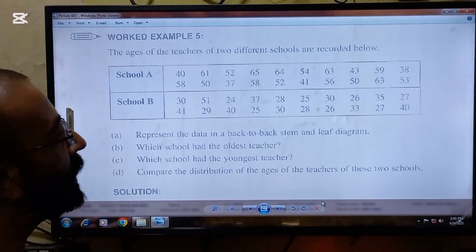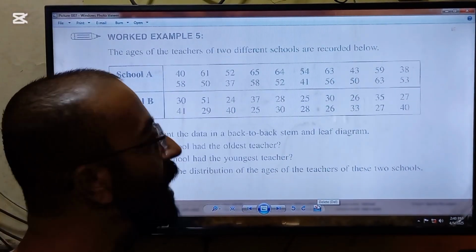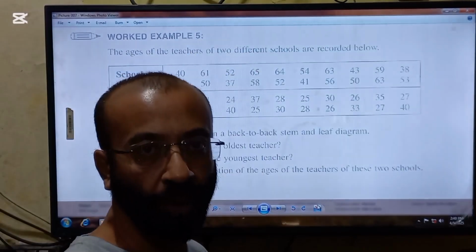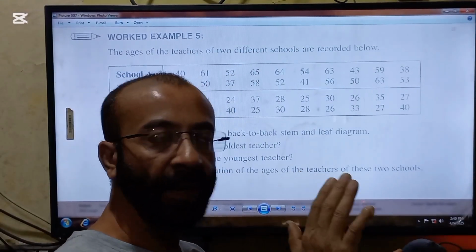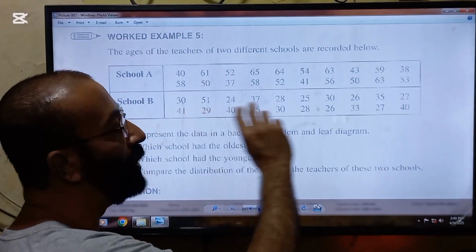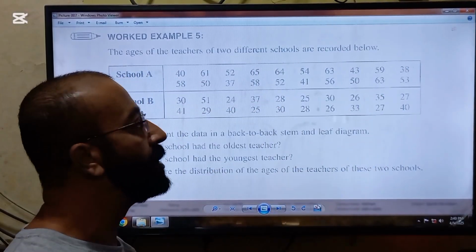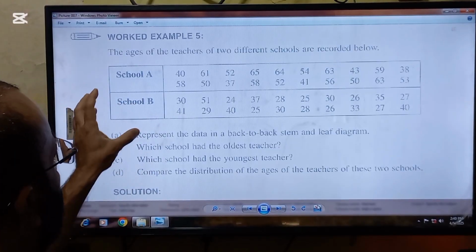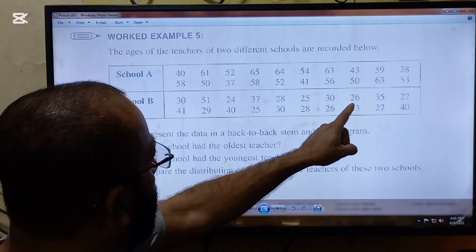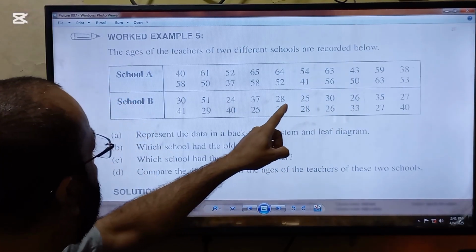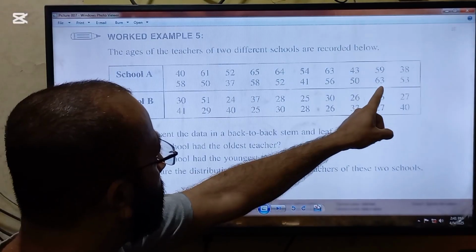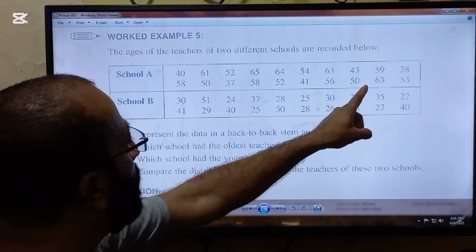So we will note the maximum and the minimum values in the whole data because the stem will be common, and on one side one related data will be there and on the other side of the stem will be the second data. The minimum values in the question I can see are in the 20s, and the 60s are the maximum values.